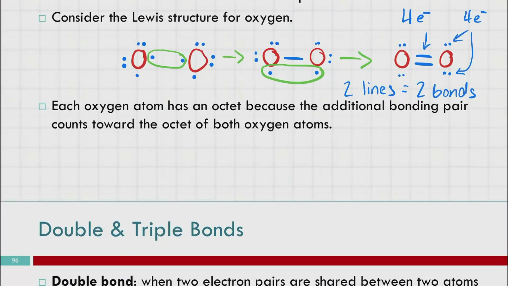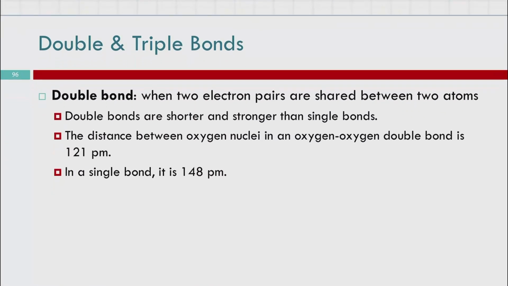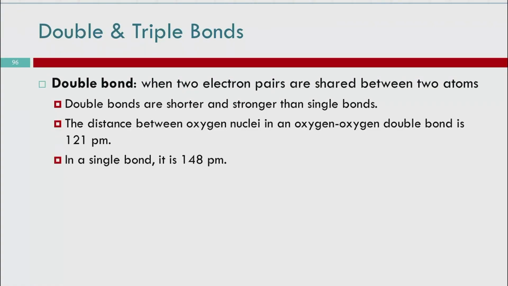We can also have triple bonds. But let's talk about double bonds a little before we get there. So a double bond is when 2 electron pairs, 4 electrons, are shared between 2 atoms. If we think of bonds like rubber bands, we're putting 2 rubber bands around something compared to 1 rubber band around something, right? 2 rubber bands is going to pull more than 1.